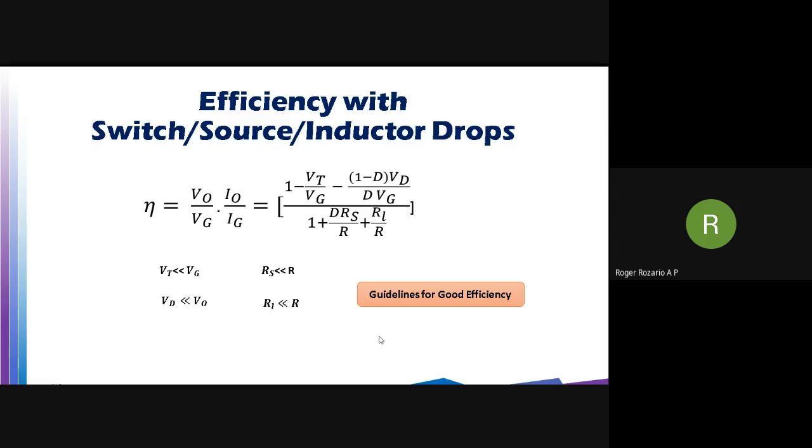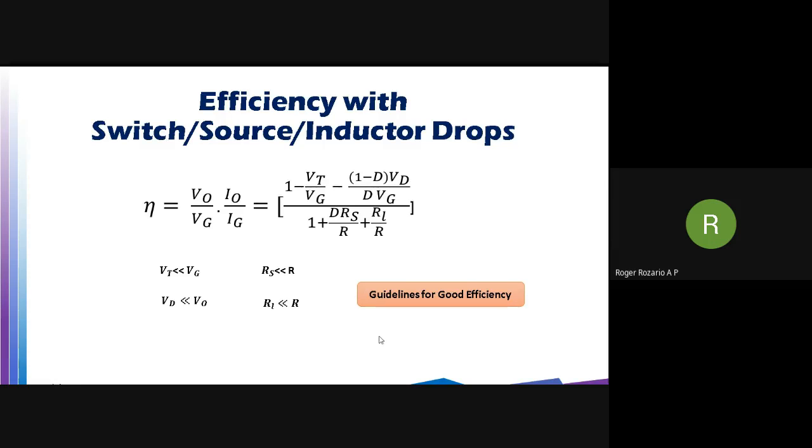The diode voltage drop, the second switch voltage drop, which is a passive switch, we are using a diode, should be less than the output voltage V0. The source resistance should be less than the load resistance. The inductor resistance should also be less than the load resistance R.